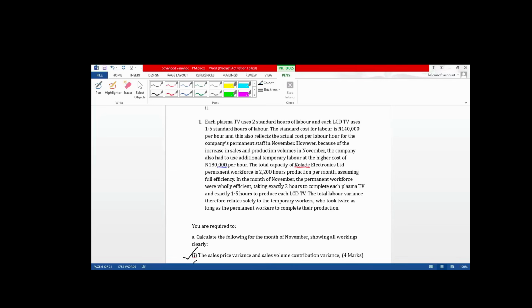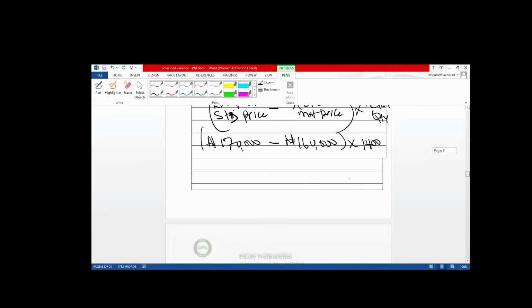Let us now take it to calculation. How many hours do we require for actual production? Assuming we are efficient, how many hours are we supposed to use? Look at the working place.